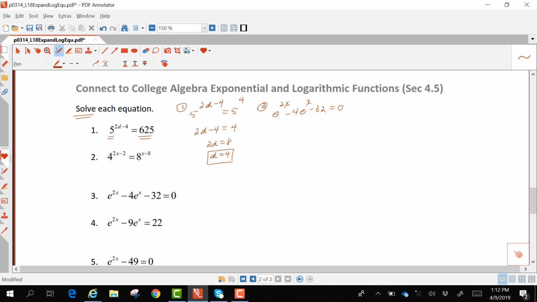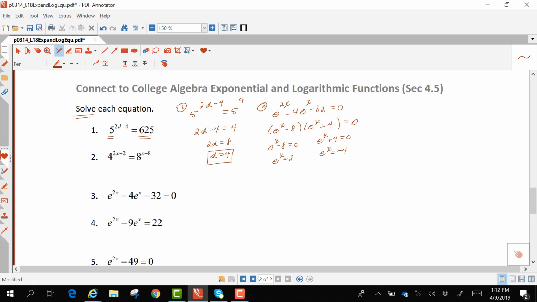So in this situation, my goal is to hopefully be able to factor, and this factors into an e to the x times e to the x, and the two numbers that multiply to be a negative 32 and add to be a negative 4 would be 8 and 4, with the 8 being negative and the 4 being positive. So once I have it factored, I set each factor equal to 0. And go ahead and solve for e to the x.